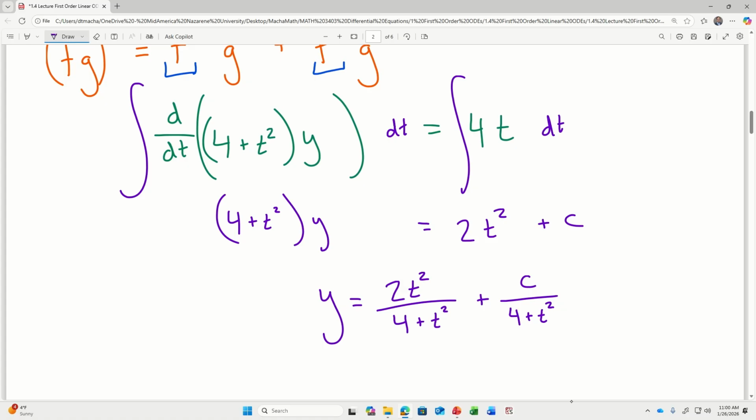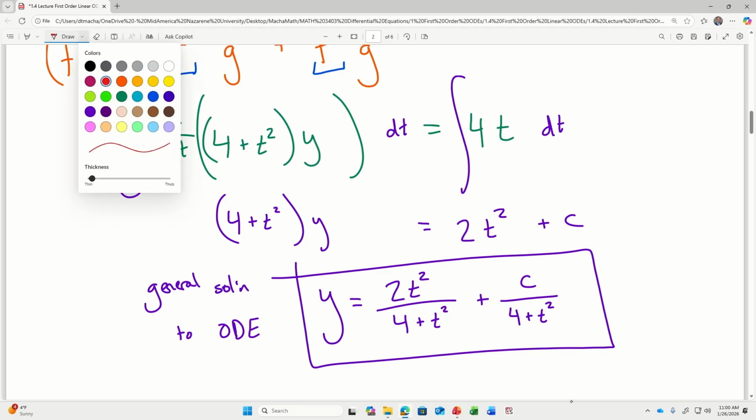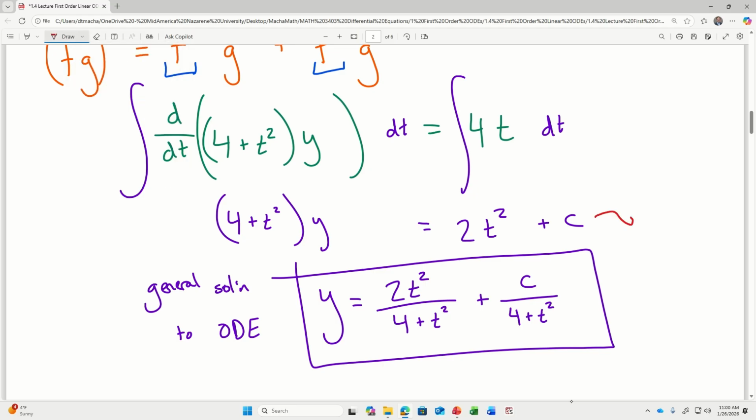And this is the general solution to my ODE. If I want to solve the initial value problem, I've got to figure out what this c constant is.